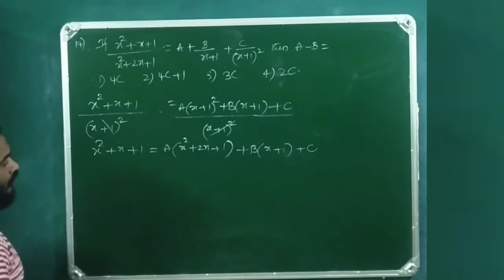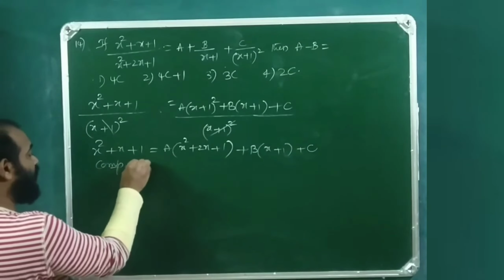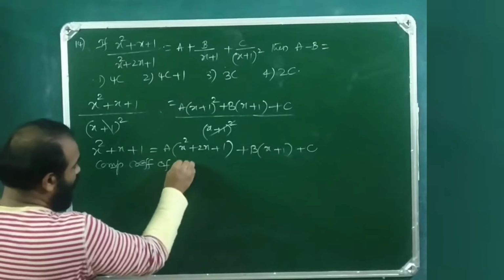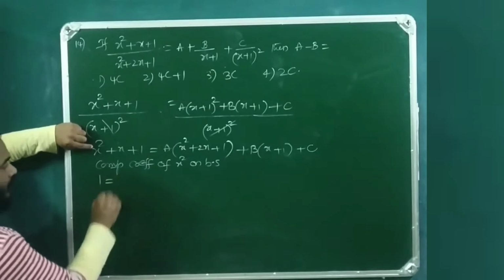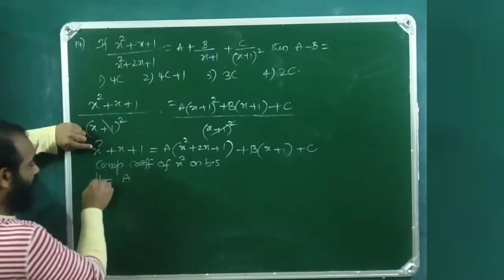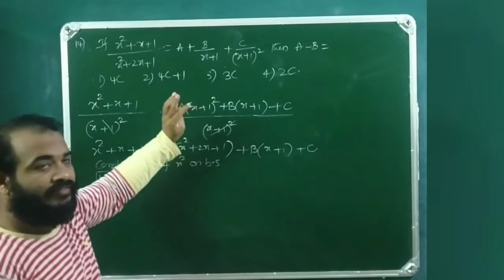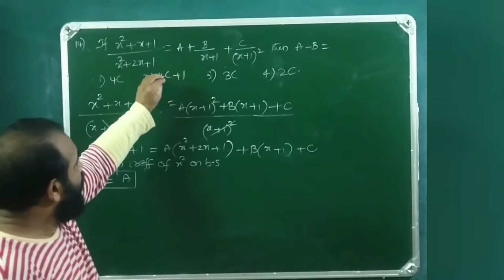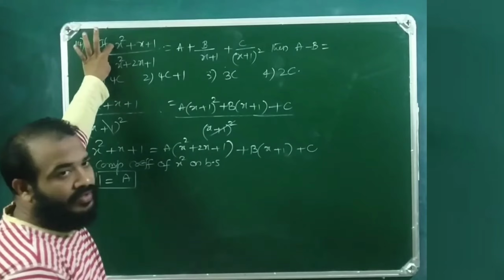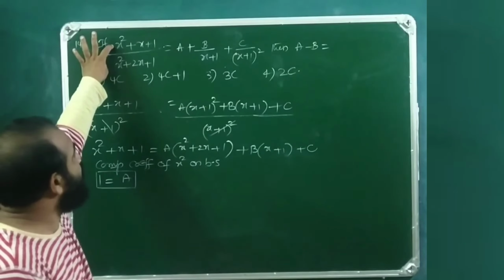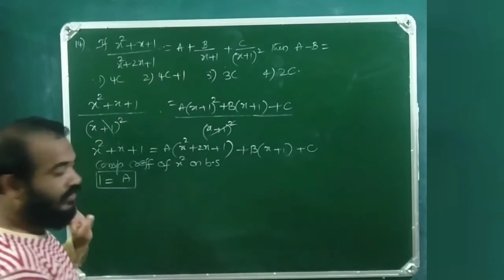Comparing the coefficient of x square on both sides, the x square quotient is 1 here, and here the x square quotient is a. We have discussed directly also, without solving all of them, because the quotient of the highest degree term of f of x is 1 by 1, so a is equal to 1 already.